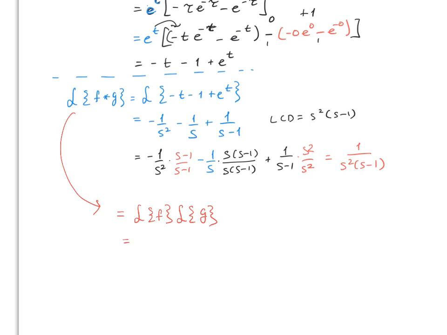Well, the Laplace transform of f is equals to 1 over s minus 1, and the Laplace transform of g is equals to 1 over s squared, which is exactly the same thing we just got.